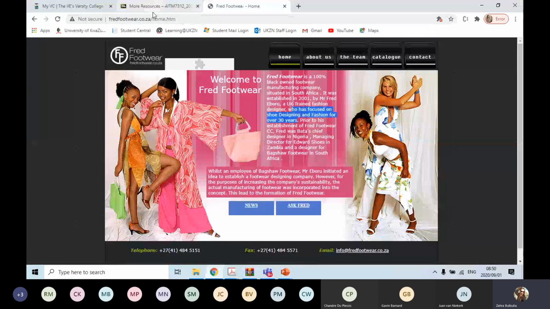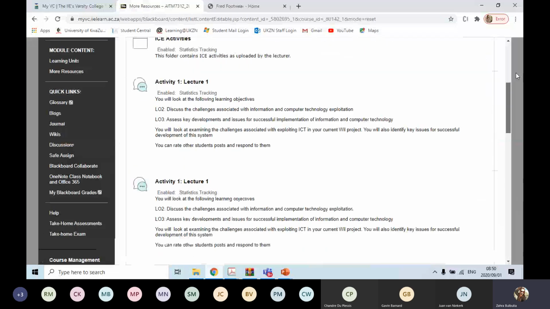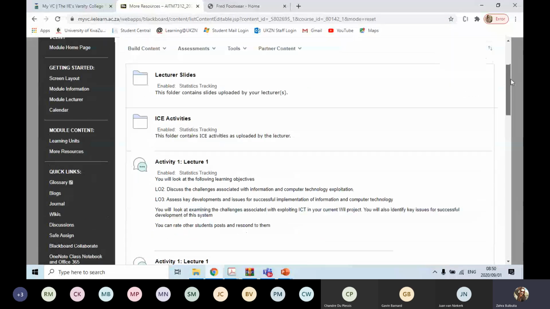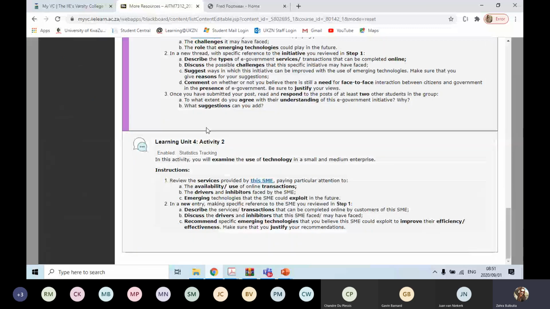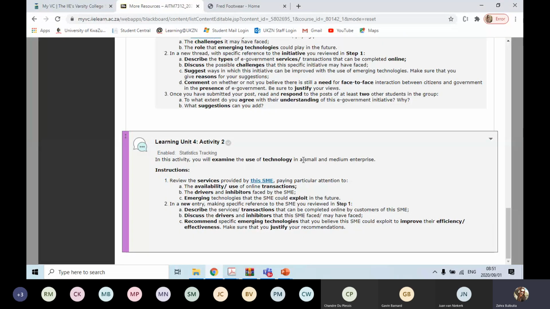But before we do that, you guys are going to go to VC Learn, go to more resources. You should see Learning Unit 4 Activity 2. In this activity, you will examine the use of technology in an SME or small medium enterprise.